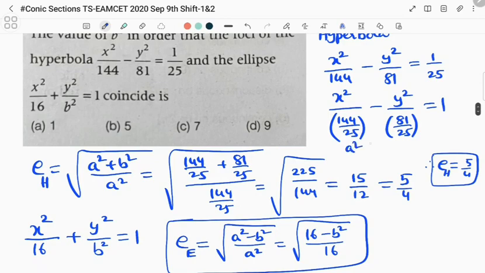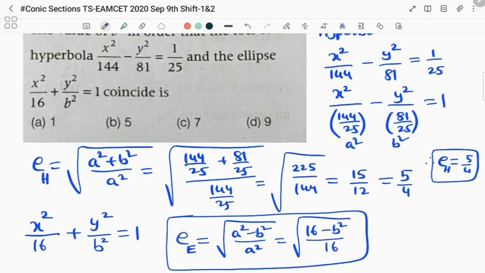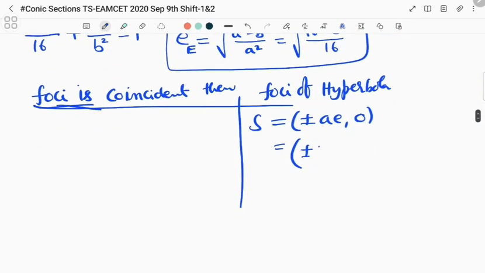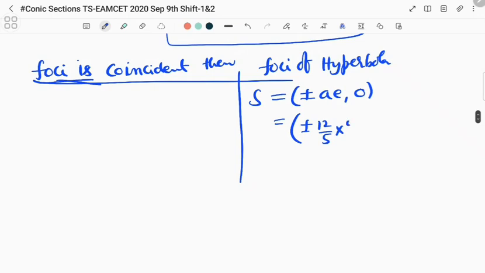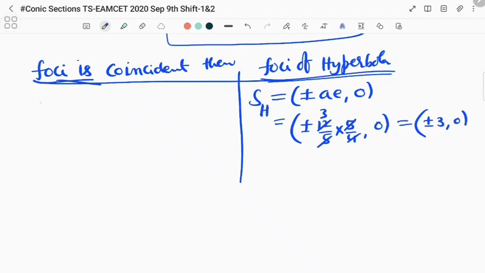This is A square, this is B square. A value 12 by 5 will come, no? 12 by 5 into eccentricity of this hyperbola is 5 by 4 comma 0. Therefore 5 cancel, 4 1s are 4, 3s are plus or minus 3 comma 0. This is related to hyperbola, the focus of hyperbola.